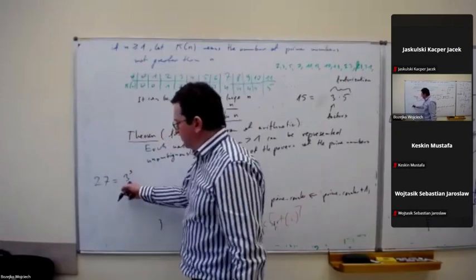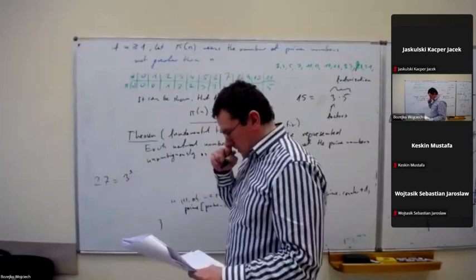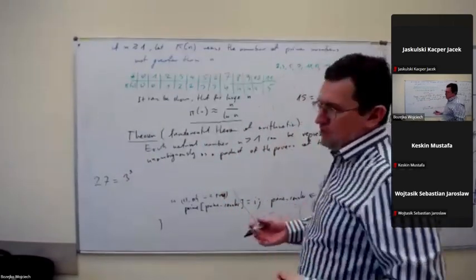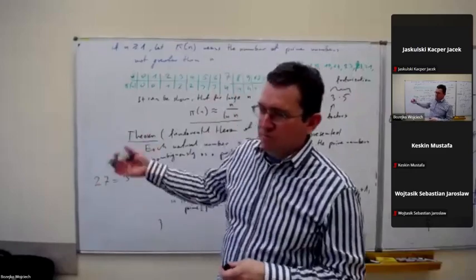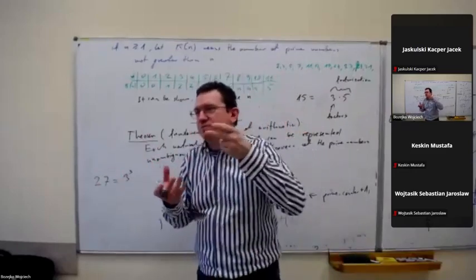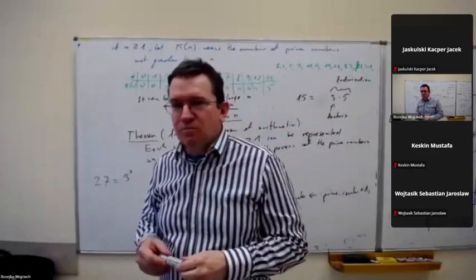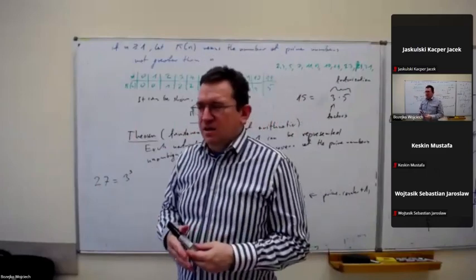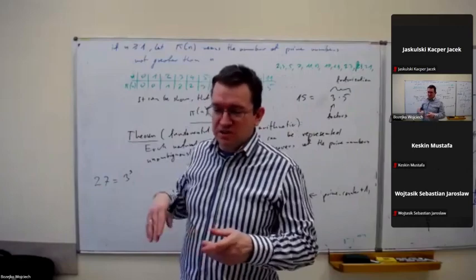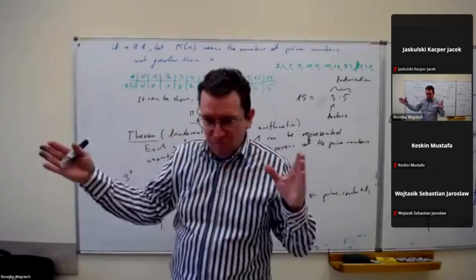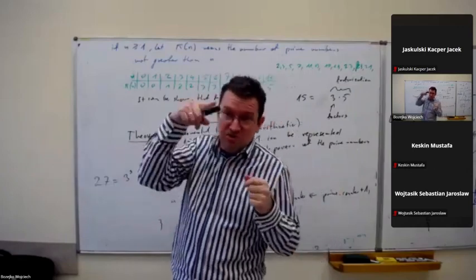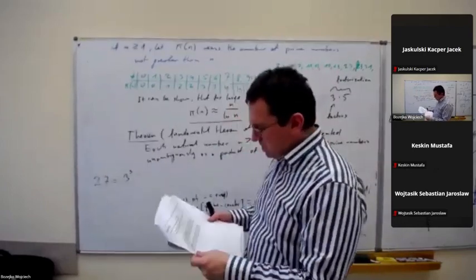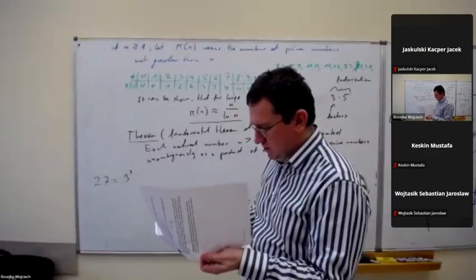So this is a prime number, but taken 3 times. So we can factorize a number as a multiplication of prime numbers, but sometimes some of them are raised to a power. In general, in this factorization, we can have all the prime numbers, but some of them are to the power 0, so this is one. Any questions up to this moment?